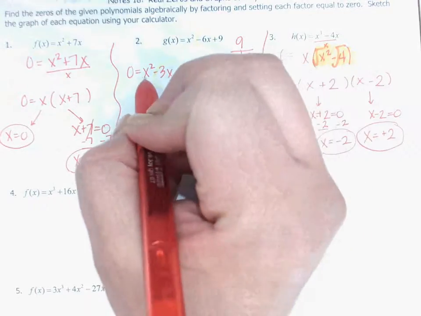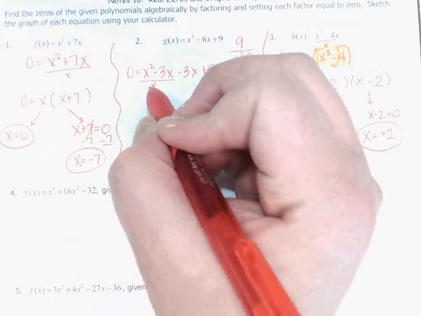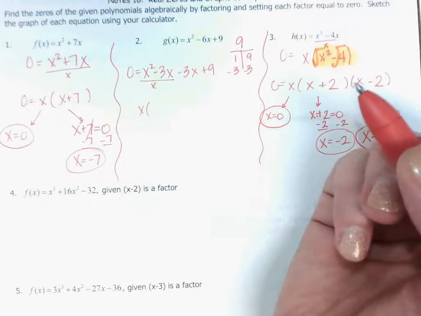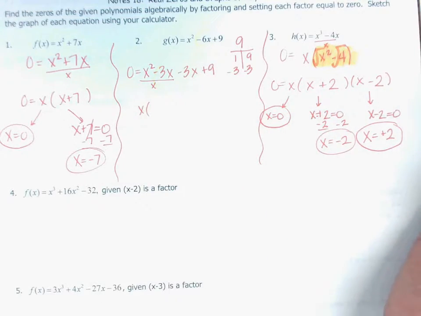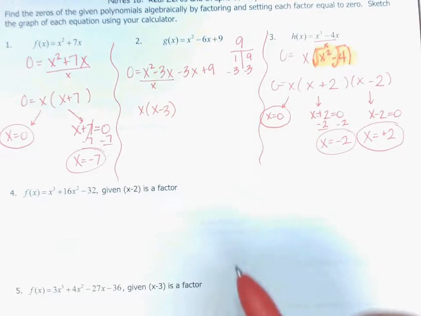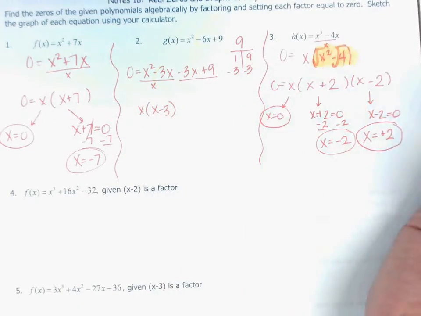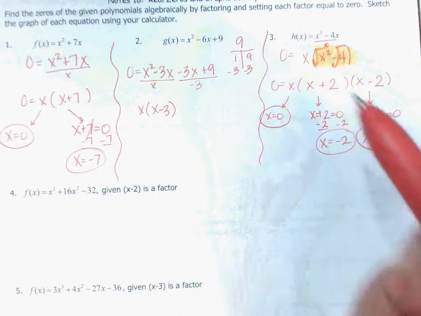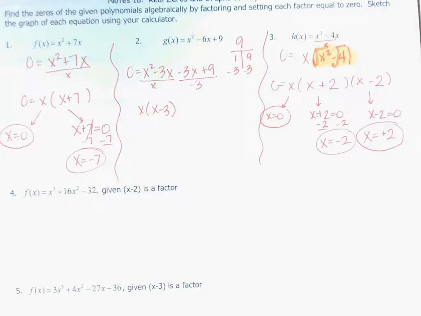What can we take out? An x. What's left over? x minus 3. Out of my second 2 terms, what can I take out? A 3, and remember you have to pull the negative if the first term is negative. So since my first number is negative, I'm dividing by negative 3.